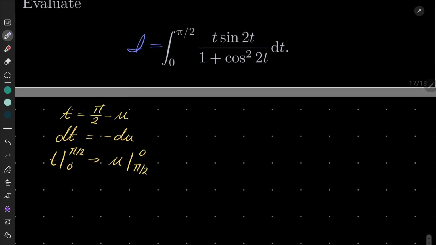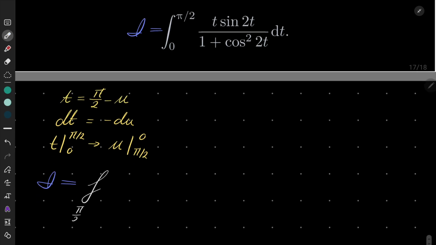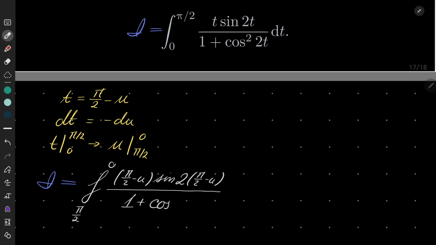So our integral can be written in the following way. It goes from pi over 2 to 0. Instead of t, I have pi over 2 minus u, sine of 2 times (pi over 2 minus u), over 1 plus cosine squared of 2 times (pi over 2 minus u), times minus du.